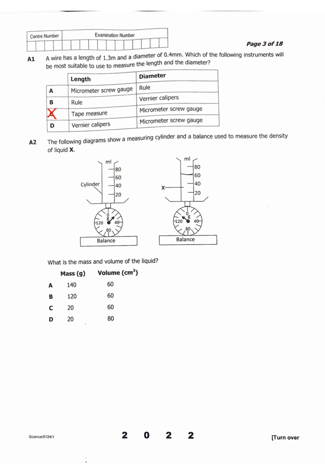So that is 140. So now the first question is, what is the mass and volume of the liquid? So let's look at the mass. So for us to find the mass, we are going to get 140, which is the mass of the liquid and the empty beaker.